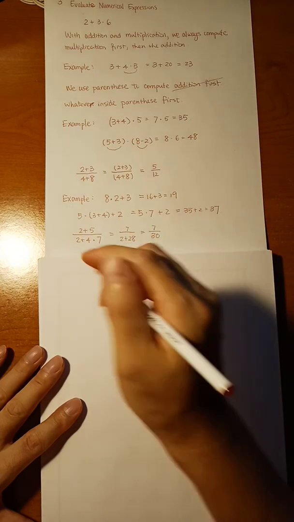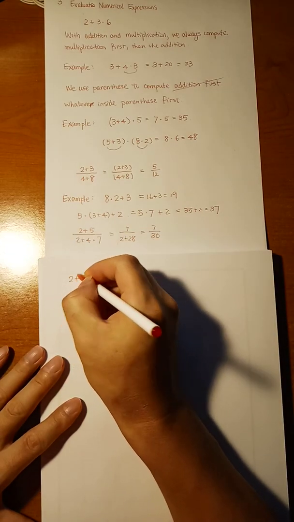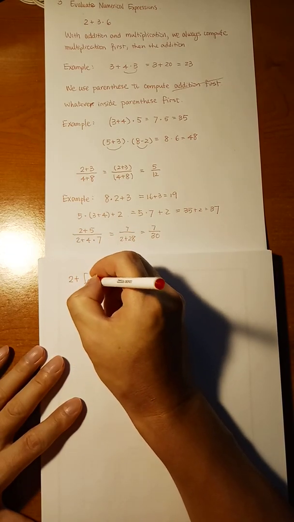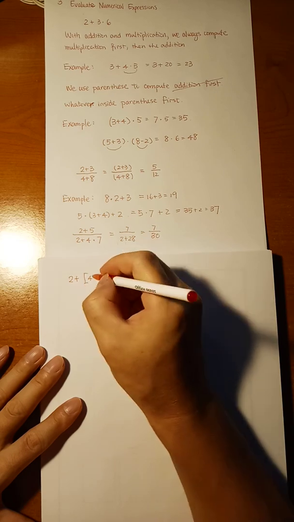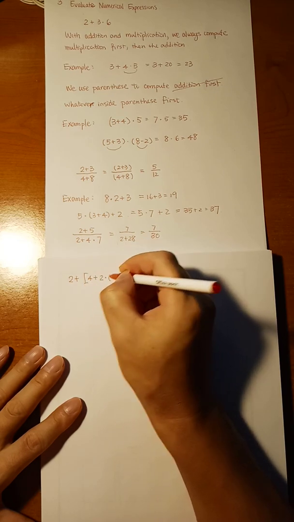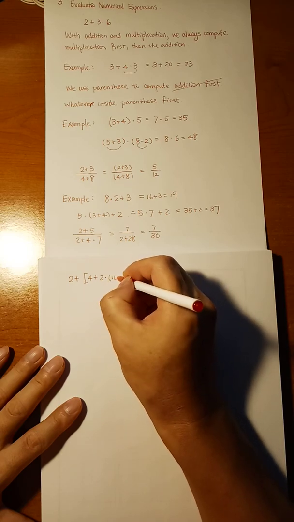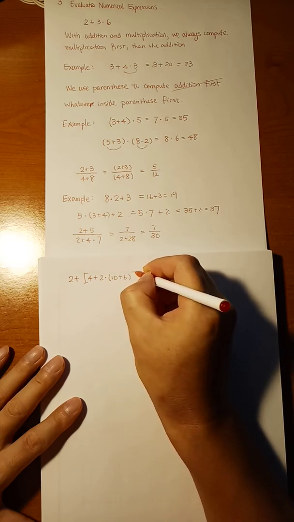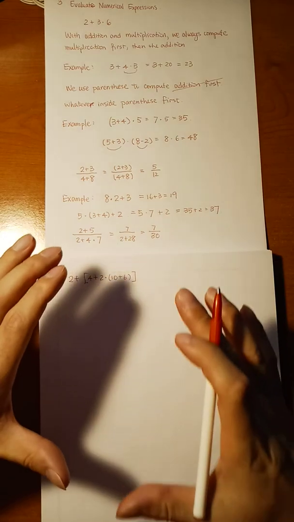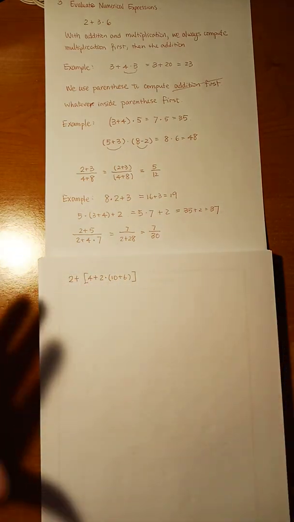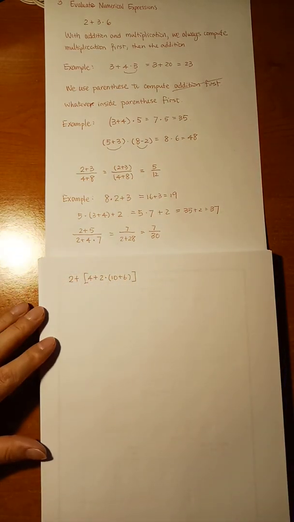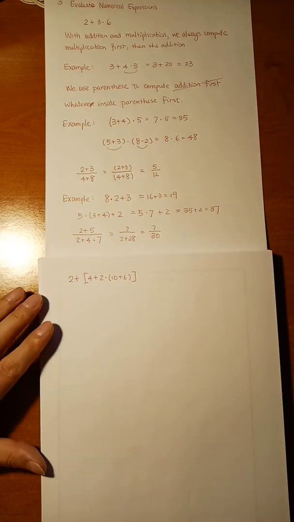Okay, and next, if you have several layers, you will use different pairs of either parentheses, brackets, or braces. Of course, you can use the same parentheses, but sometimes if you have multiple layers and you use one type of symbol, it will be confusing.